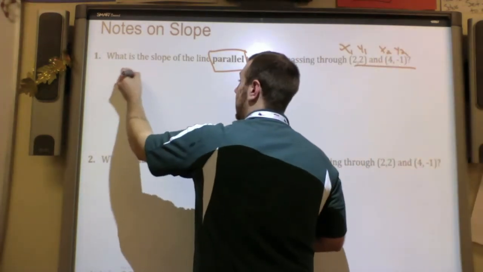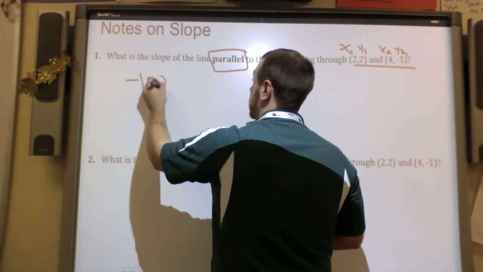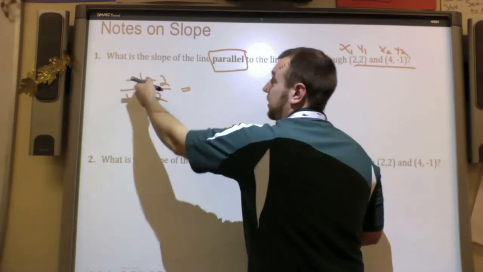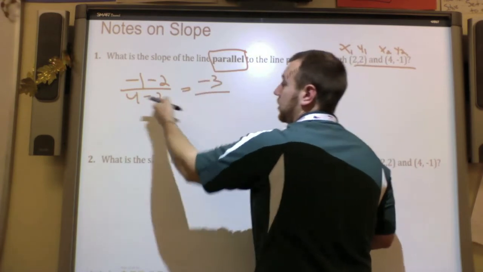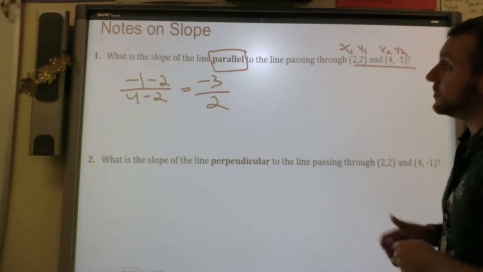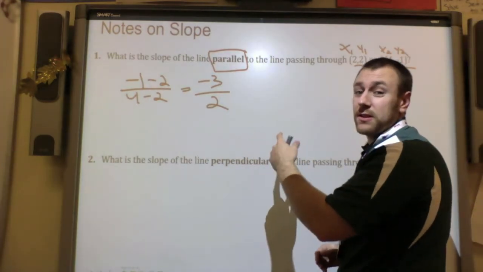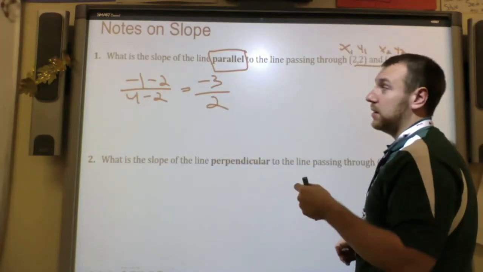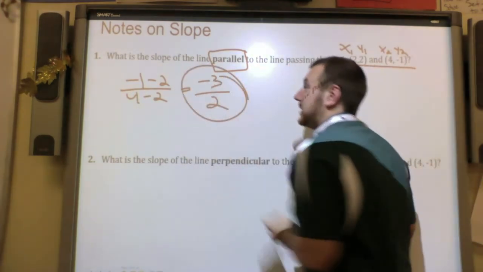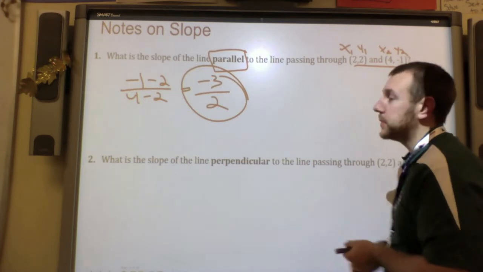I'm going to do negative 1 minus 2 over 4 minus 2. Negative 1 minus 2 is negative 3 over 2. That's the slope between these 2 lines. Well, if I'm looking for the slope parallel to that, and I know parallel lines have the same slope, that is the slope I'm looking for.